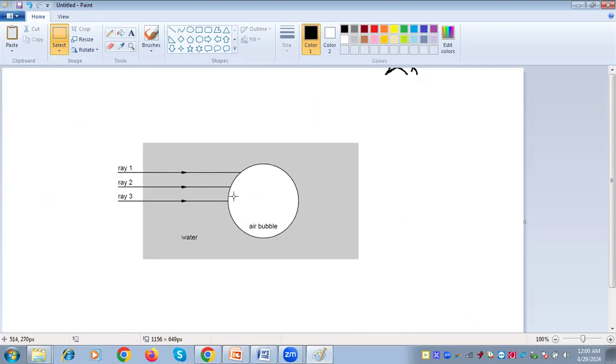So how will you draw the normal here? See, this is a curved surface, and every curved surface is made up of small flat portions.